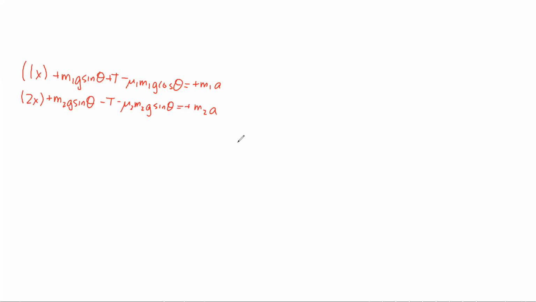And so now you can obviously see that we can eliminate tension just by adding the equations. And it's going to be a big mess, but a mess in the sense that it's good practice for you. So adding 1x and 2x. What are we going to get? Well, the accelerations are going to add up, and we want to get as much stuff combined as we can.